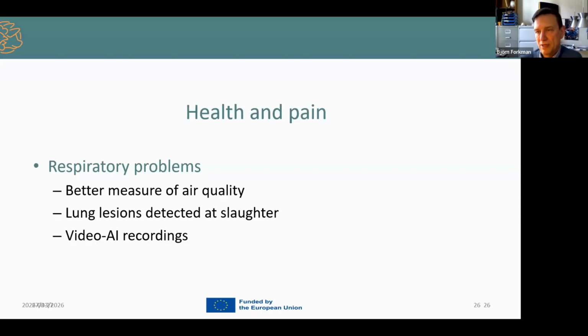Respiratory problems, especially in pigs and sows, is probably a better measure of air quality than ammonia level, simply because it is a measure on the actual animal. You can detect lung lesions at slaughter. Of course, this means it's very late in the process.